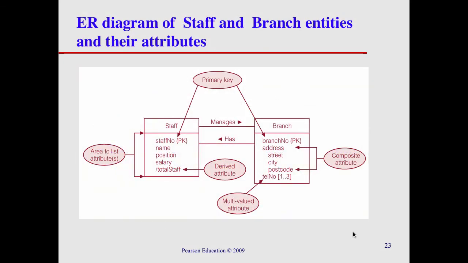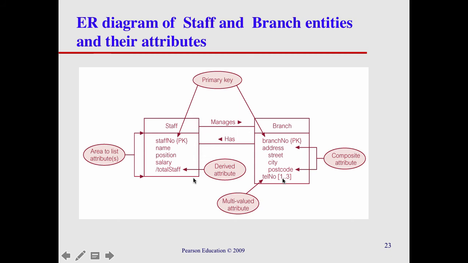Okay, now showing all of this in an entity relationship diagram, you can see that for a composite attribute you indent. So you list the name of the composite attribute and then you list its subcomponents by indenting them.